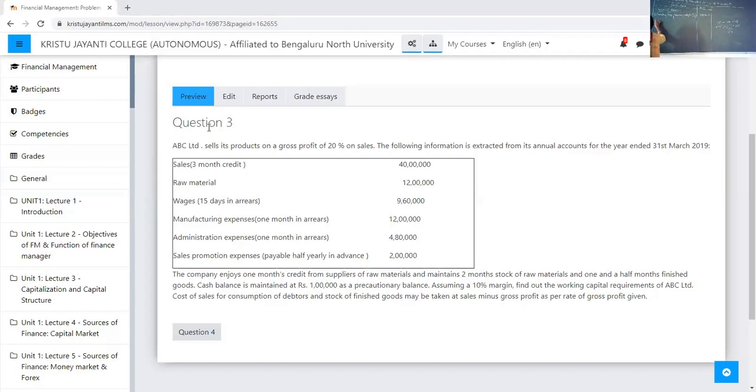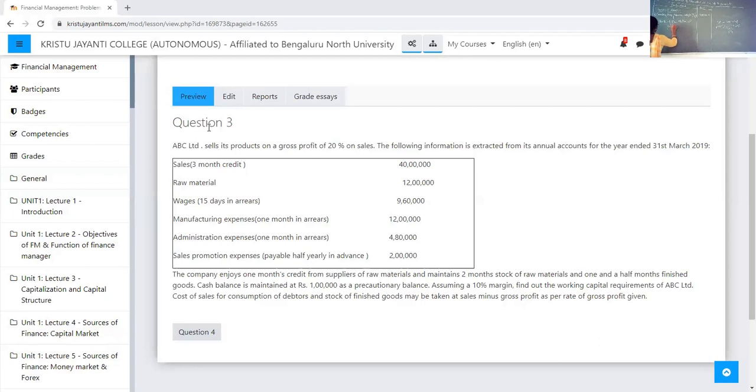Now the second asset is what? They have given us raw materials. So write stock of raw materials. What have they told you in the paragraph given below? They have told that the company maintains 2 months stock of raw materials. So raw materials are said to be in stock for a period of 2 months. So what is the amount of raw materials?